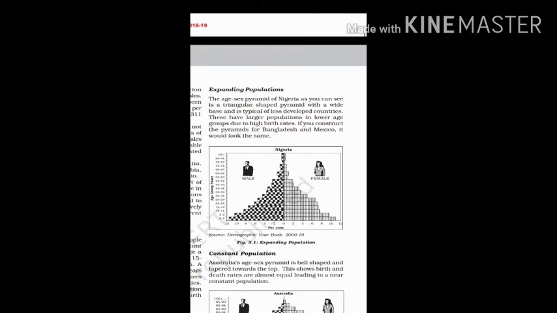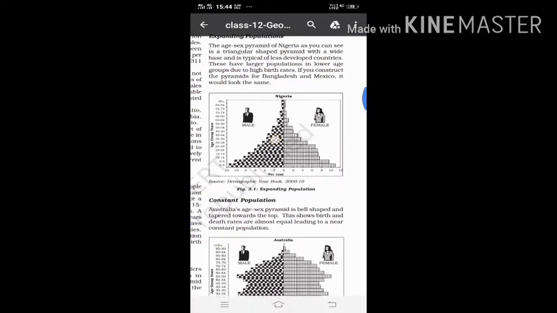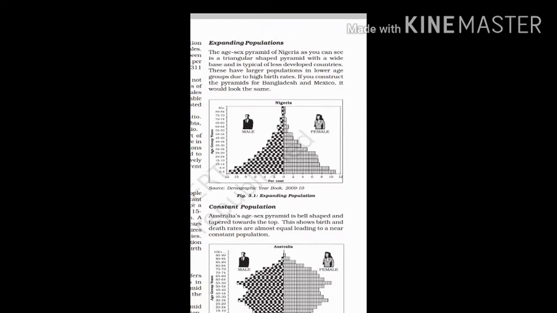In expanding population you will be able to see that here a pyramid is given, this one. So yeah, you will be able to see that in this pyramid the base is wider and the top is very tapered.